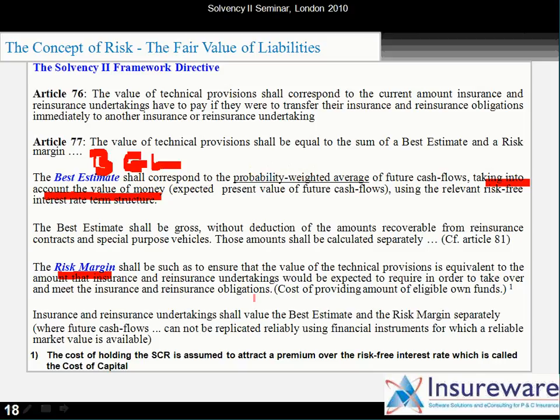So basically the technical provision is the sum of the BEL and the market value margin, the risk margin. The BEL allows you to pay for the mean liability, and the risk margin is the premium you need to pay the capital providers for raising the risk capital, and that allows you to conduct your business.